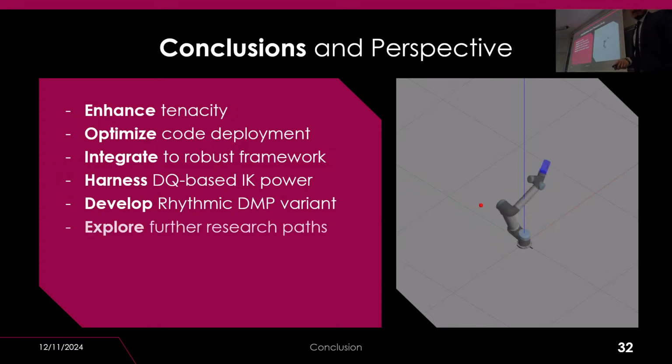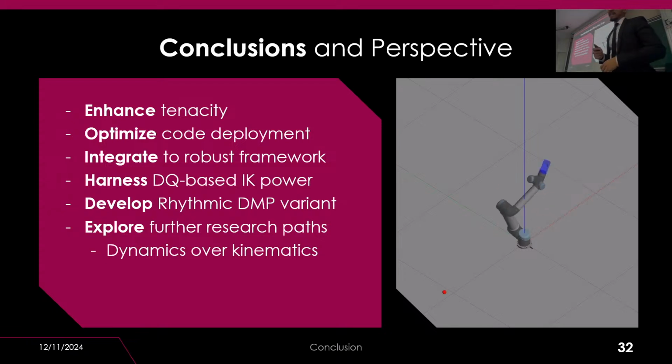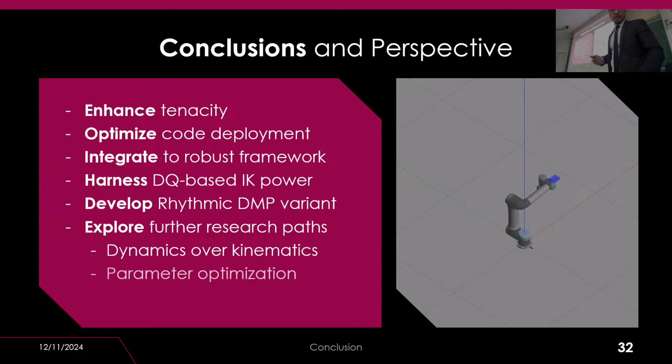And exploring further research paths such as the choice of dynamics over kinematics. Since the current version of the method is dual quaternion based, but dual quaternions express kinematic data, it could eventually be ported over to dynamics, using the wrench instead of the twist.